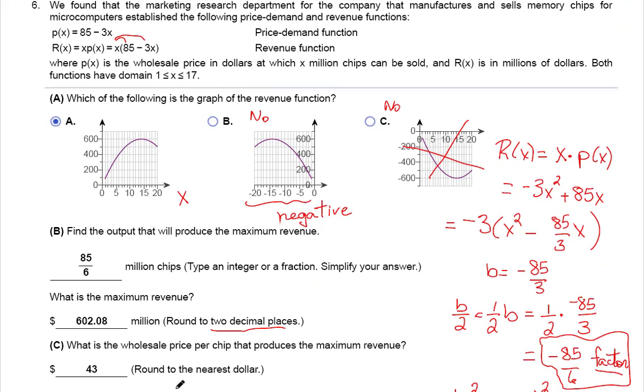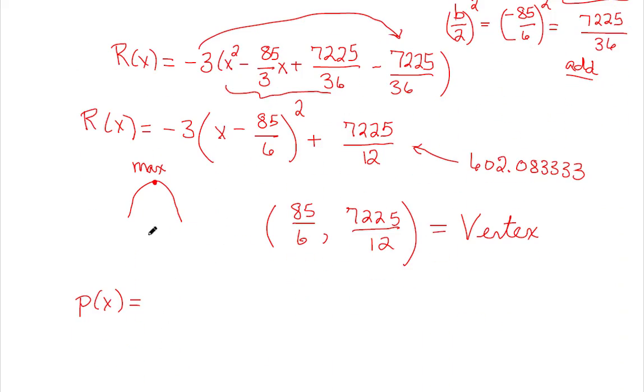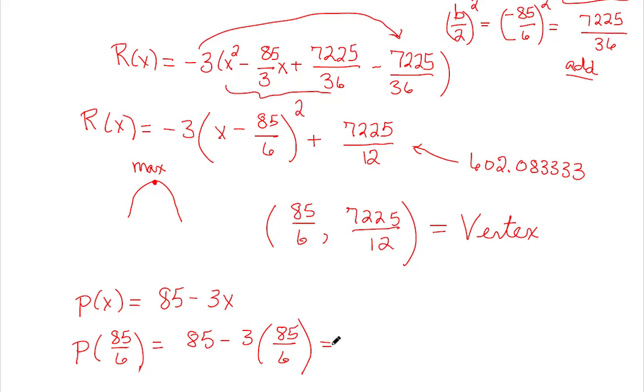It's up here. 85 minus 3 times X. And so, to find the price, we're going to put in 85 over 6. And so I get 85 minus 3 times 85 over 6.